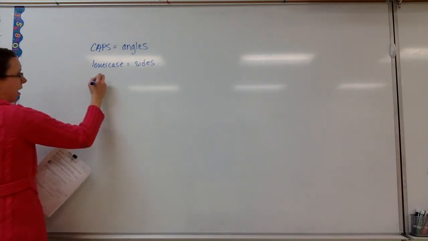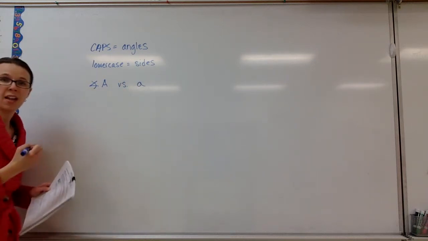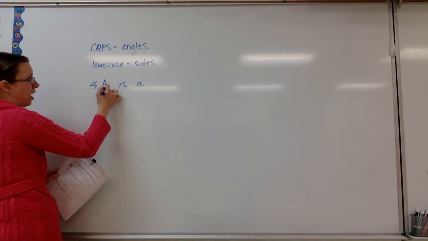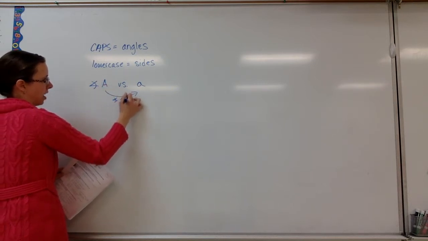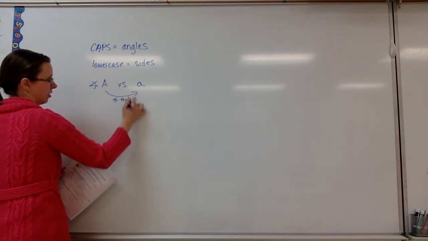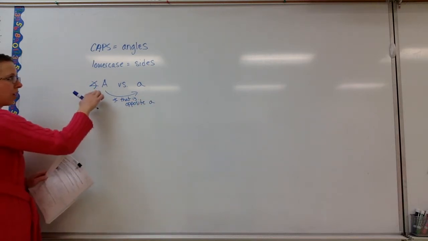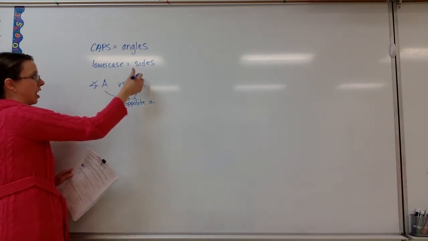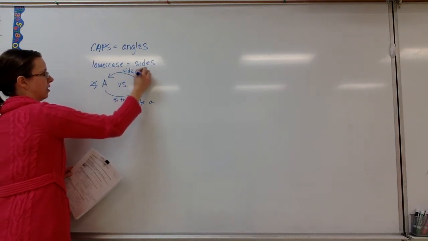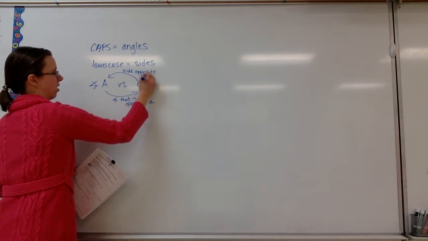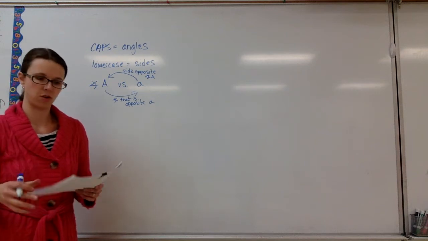If we're talking about angle A versus side A, angle A is the angle that is opposite side A, and vice versa. Side A is the side that is opposite angle A. Just a quick reminder about what those notations mean.